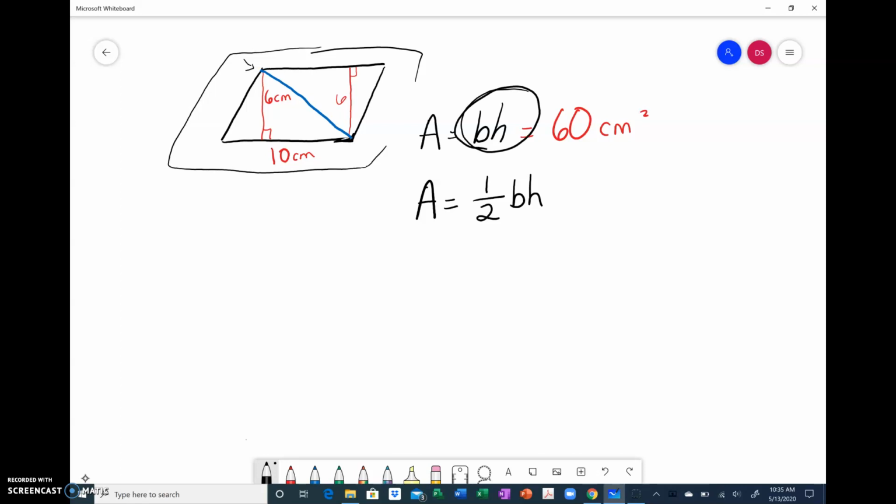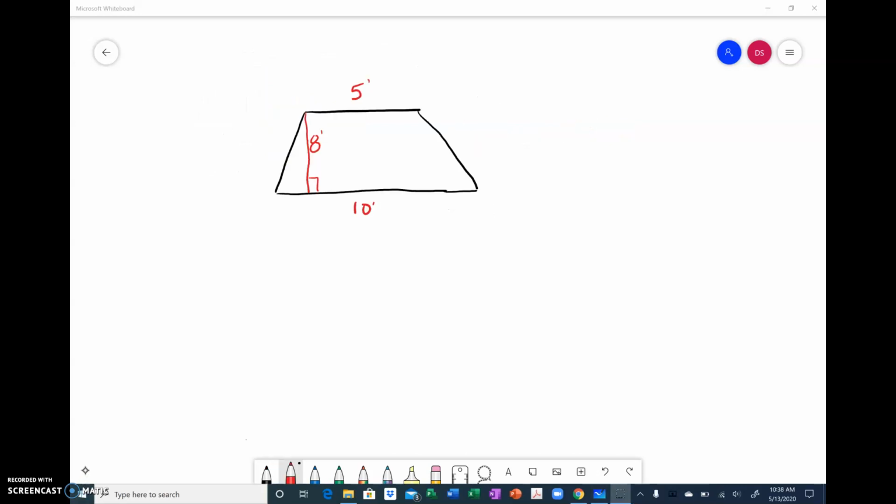Now, before we go into examples of how to find areas of triangles and trapezoids, I'm going to go over how to find it for a trapezoid. Okay, you should remember from our lesson on polygons that a trapezoid is a quadrilateral with only one set of parallel sides.